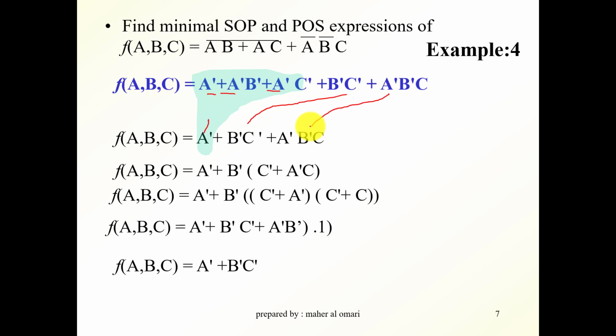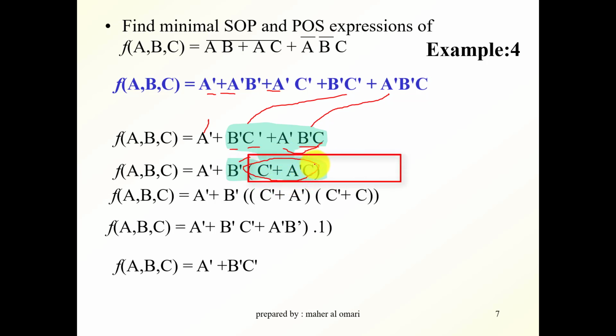Now if we take these two together, we take B bar out. From the two, we have B bar. We are left with C bar ORed with A bar C, which is this. Now we distribute the OR over the AND.